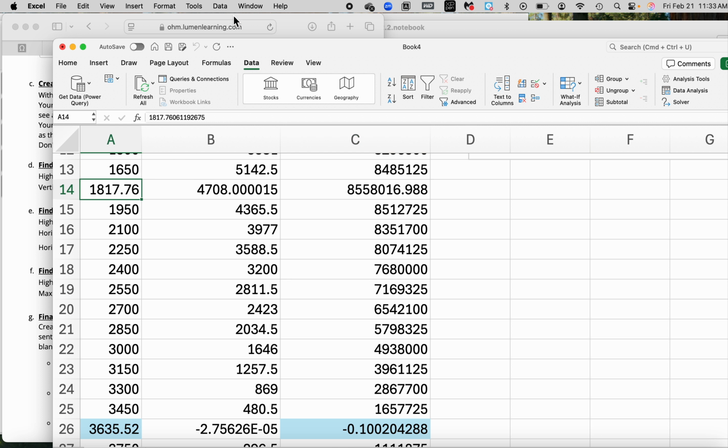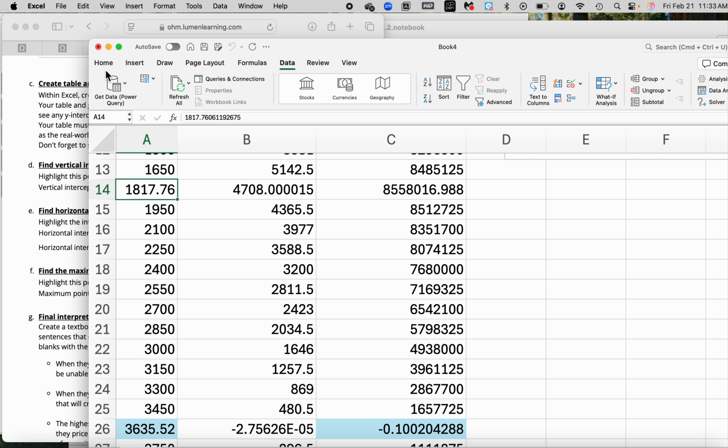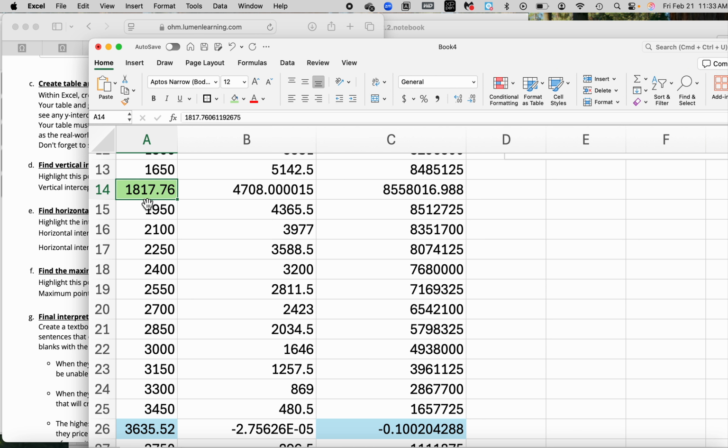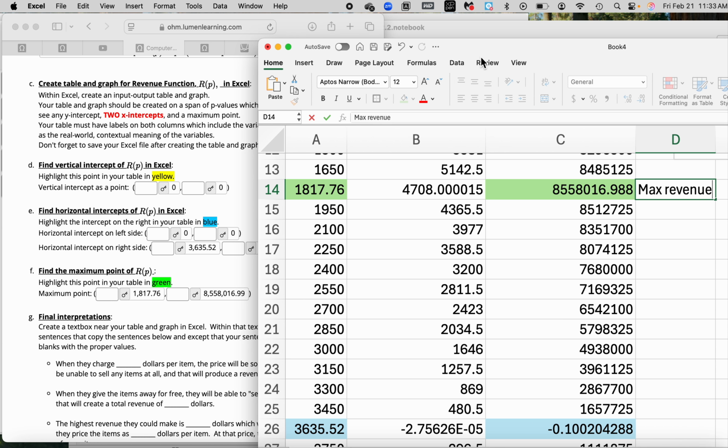Let's make that green. When I charge $1,817.76 per item, I have a maximum revenue of 8,558,000 and so forth. And that's what you see down here. All right, so I would round that to 2 decimal places because we're talking about money here.